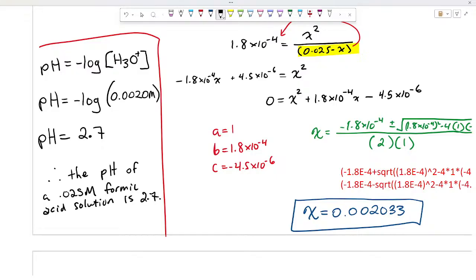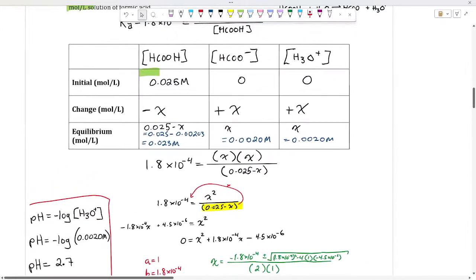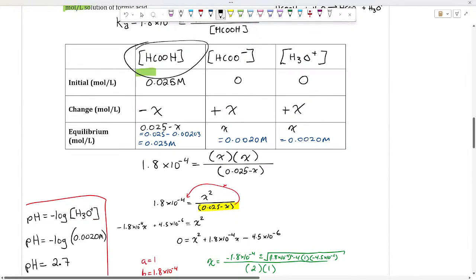So if you make a 0.025 molar formic acid solution and let it sit for a few seconds so it comes to equilibrium, it will give you a pH of 2.7. That's its equilibrium spot. And that actually means that most of the acid is untapped potential. Of the original 0.025 molar, 0.023 molar of that are still there, they've done nothing.